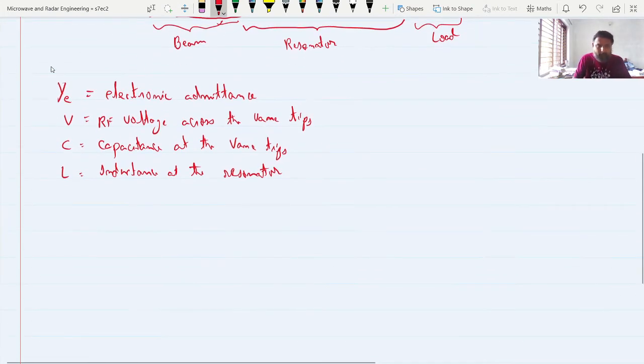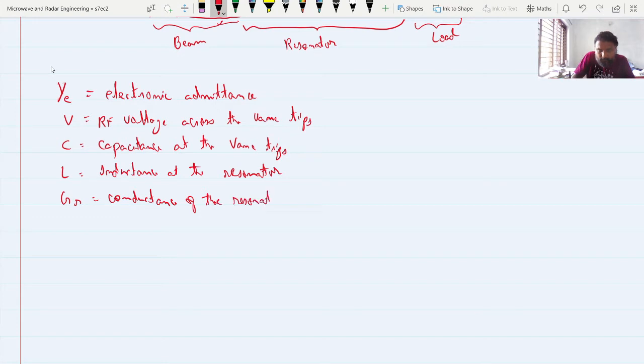G suffix R is the conductance of the resonator. And capital G is the load conductance per resonator. I think everything is included here.